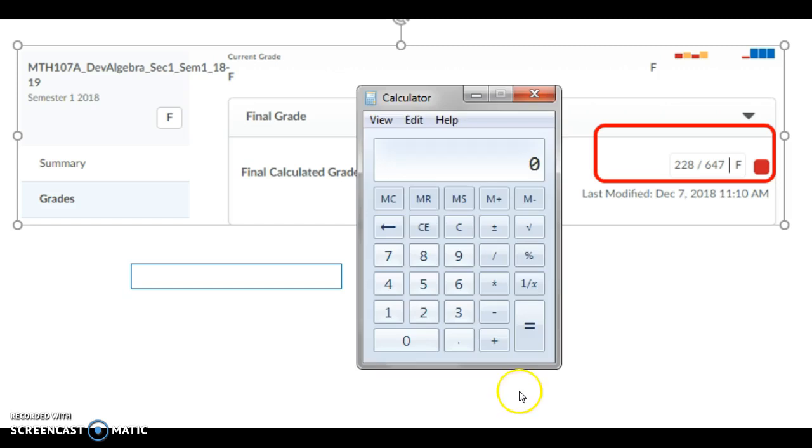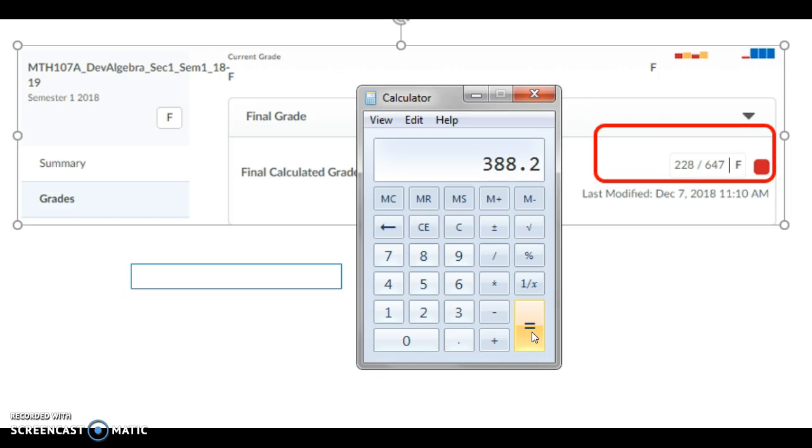You're going to want to see what is 60% of 647, because remember, 60% gets you to a D, which means you're passing the class, you earn your credit, you have completed that half of the course if it's a full year class. So 647 times 0.60, because remember 0.60 is the same as 60%. If you put that in there, that gets you to 388 points.